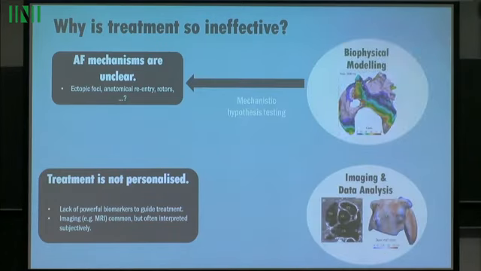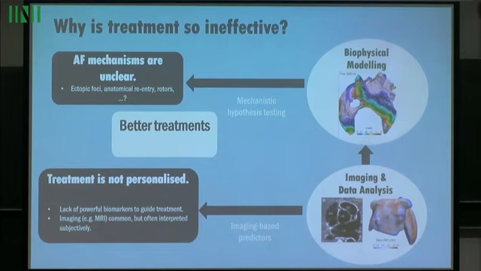And I think that's why this is a really interesting problem to tackle with our kind of tools, namely developing imaging techniques and data analysis techniques that can help guide this biomarker creation, and also modeling, where by modeling I mean creating biophysical models of how the electrical potential propagates in the heart to try and get some ideas of what mechanisms you expect to see driving the arrhythmia.